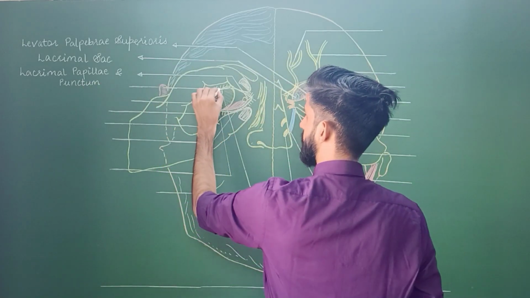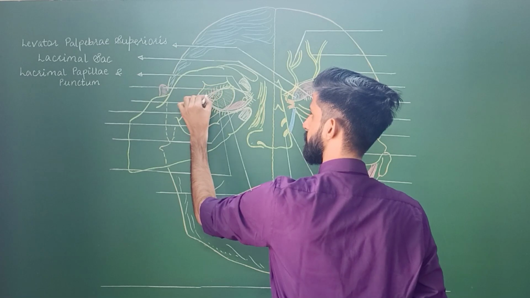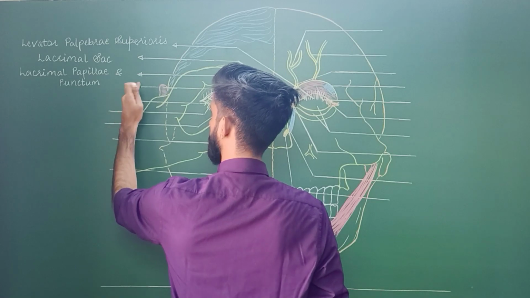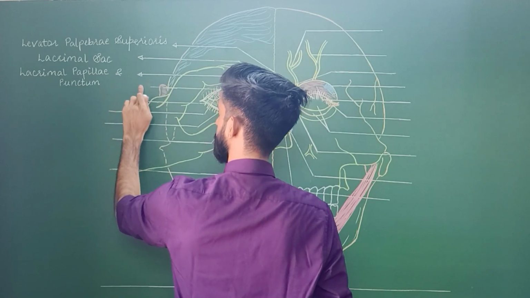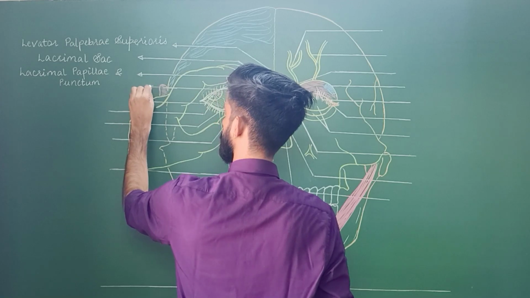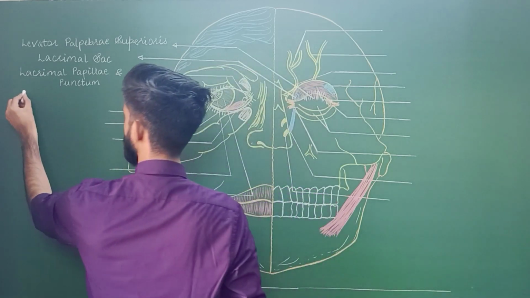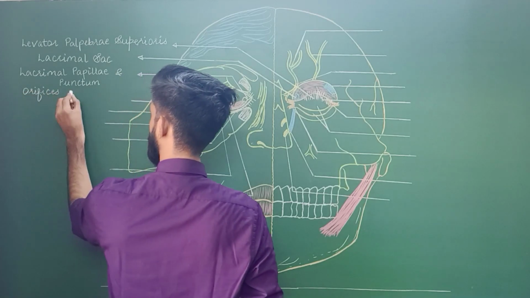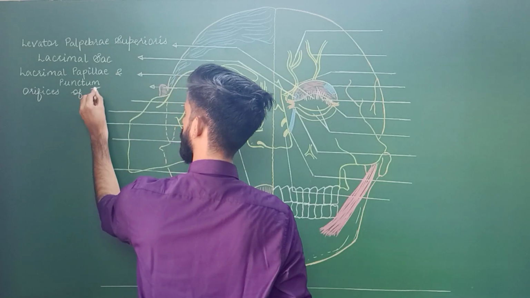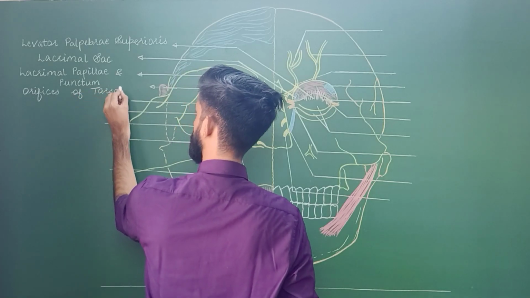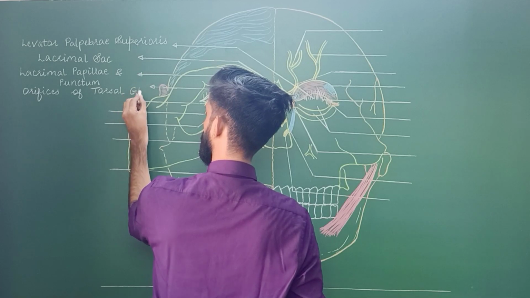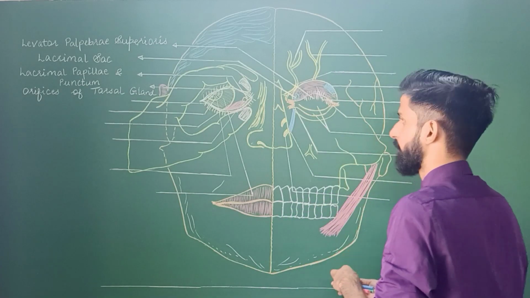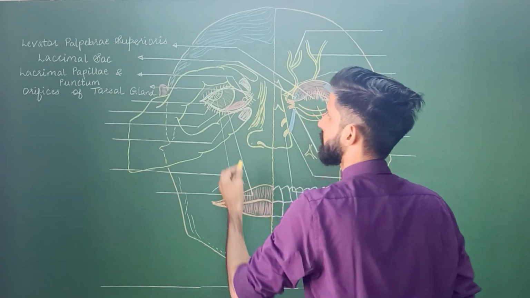Next, now inside this there are small holes. These are the orifices of tarsal glands. Orifices of tarsal gland. Now these orifices are present here.